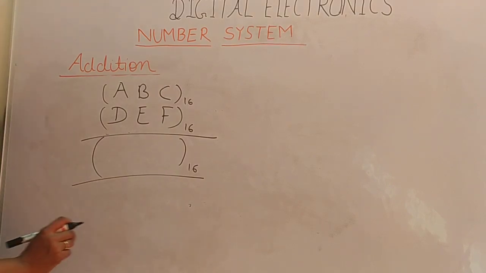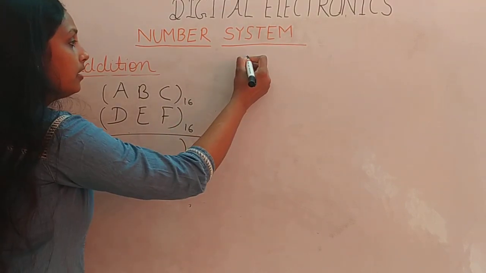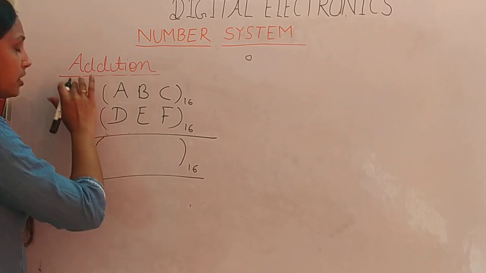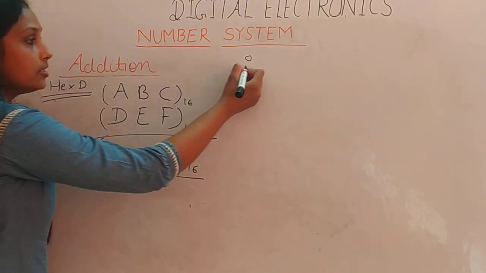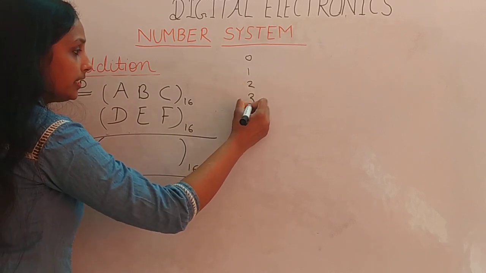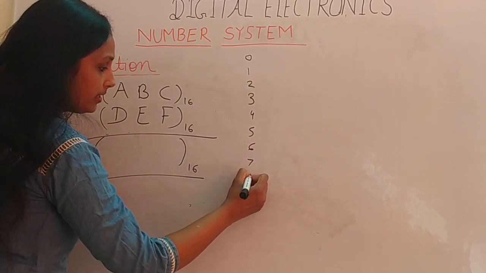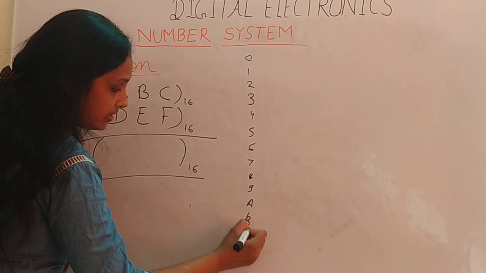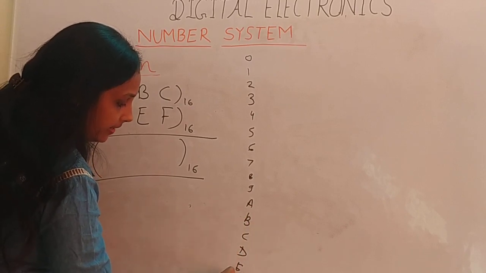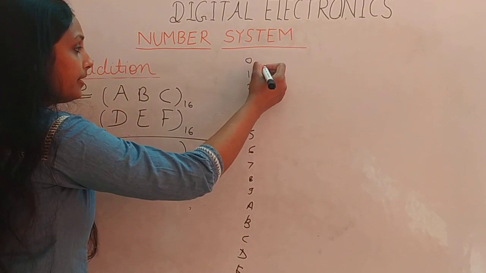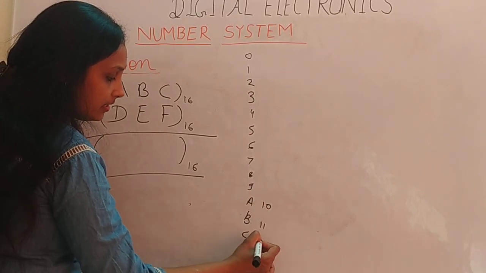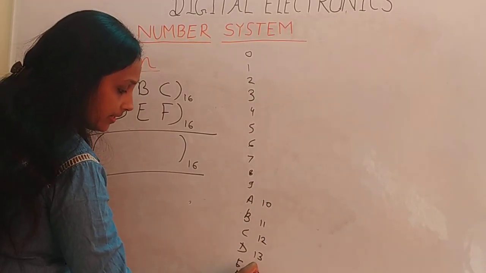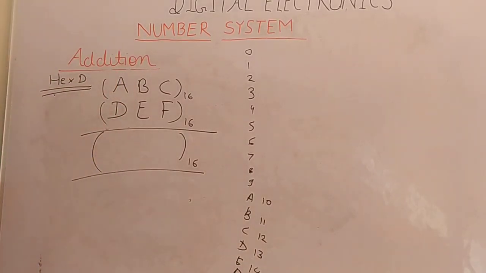To understand easily, we write here the digits possible in hexadecimal: 0 to 9, then A, B, C, D, E and F. Here A is 10, then 11, 12, 13, 14 and 15.